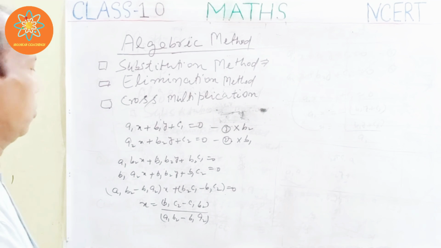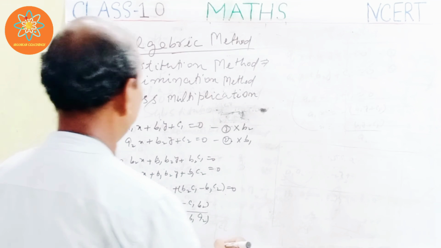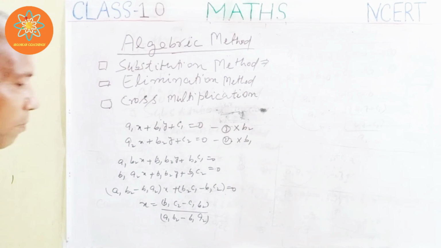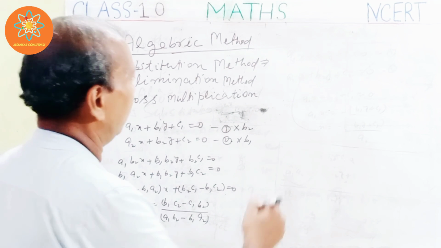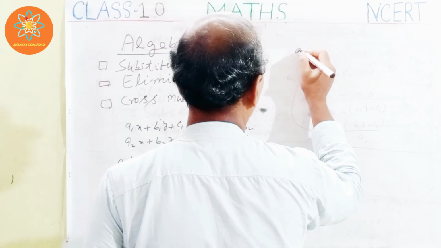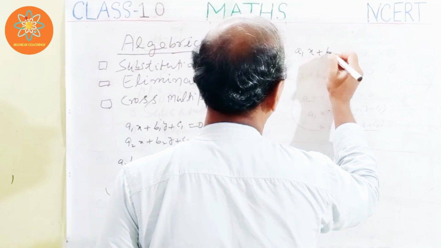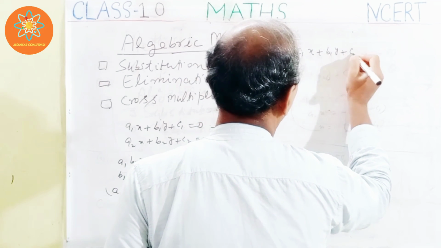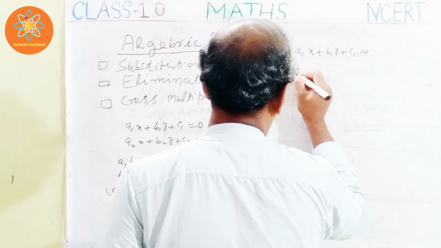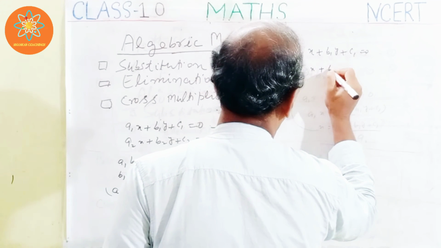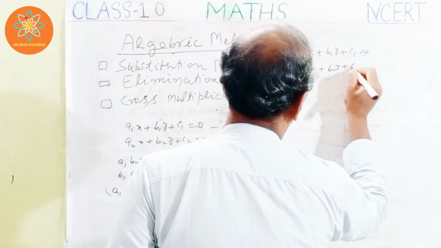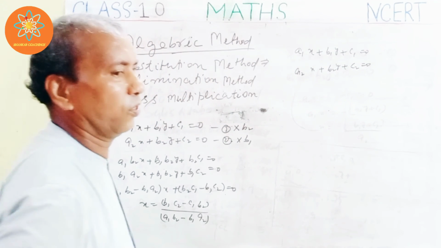So let's see how to find y. The name implies cross multiplication. If I write it here, a1x plus b1y plus c1 is equal to 0, and a2x plus b2y plus c2 is equal to 0.